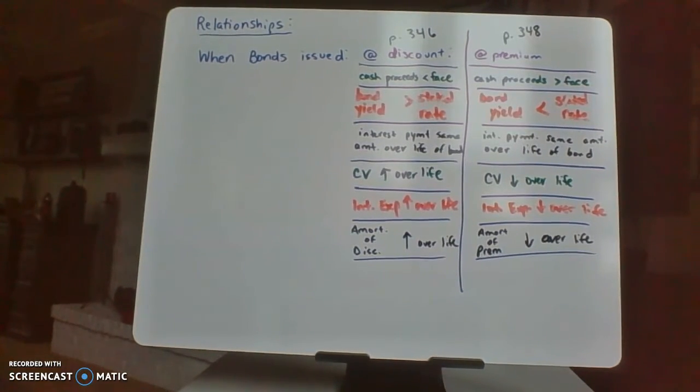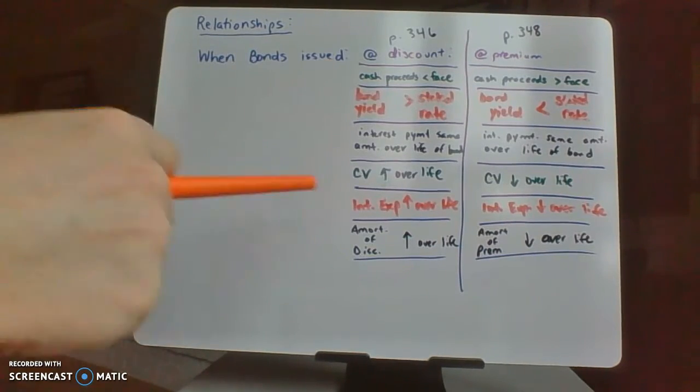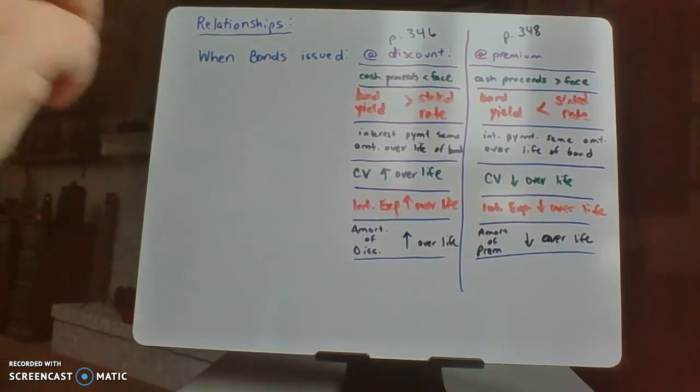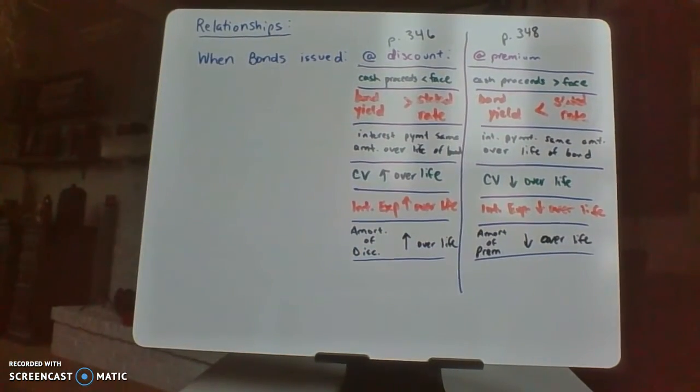So it's getting bigger. And then interest expense is also getting bigger because the carrying value is, and the amortization then of the discount, if you look at that amortization on that schedule, it is also getting bigger because more of that is getting amortized over the life of the bond. So those relationships matter a lot.